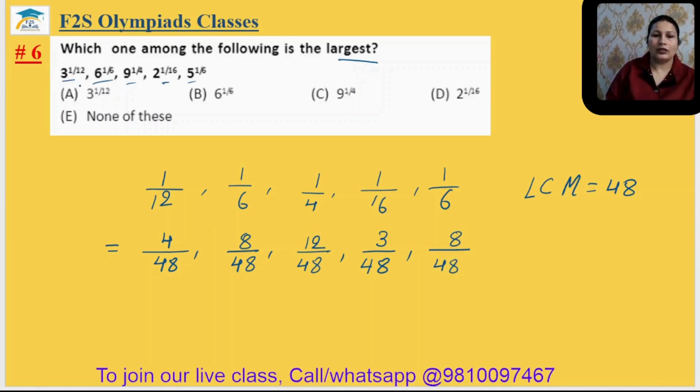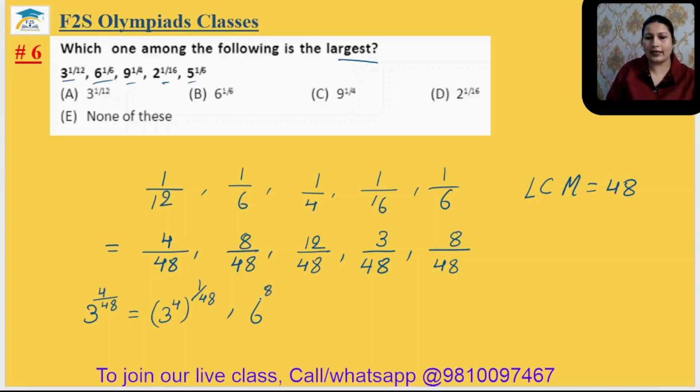Okay? Now write the numbers in the exponential form. 3 to the power 4 by 48, I can write as 3 to the power 4 by 1 by 48. Next is 6 to the power 1 by 6.